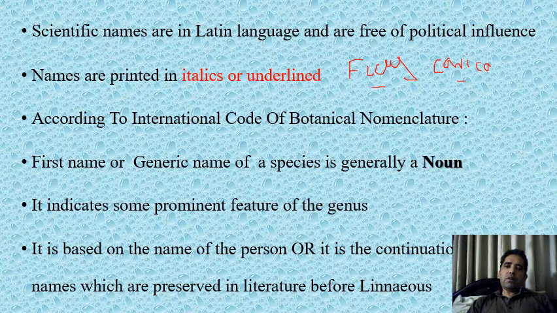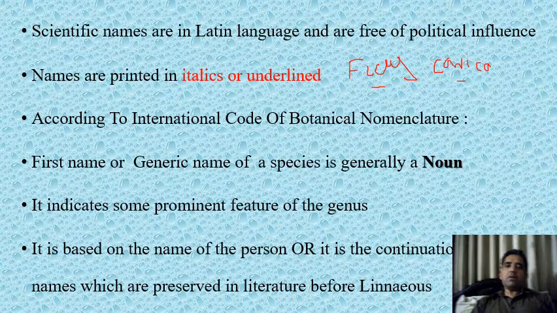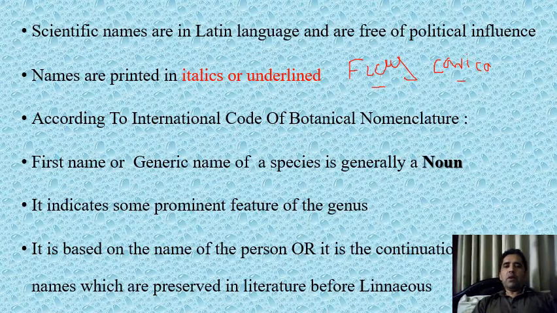So Ficus is underlined separately, and carica is underlined separately. This is the method when you are writing with a pen or pencil, and if it is written on a computer, the names must be italicized.